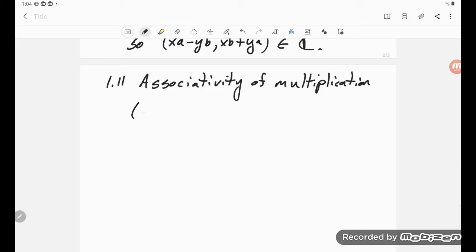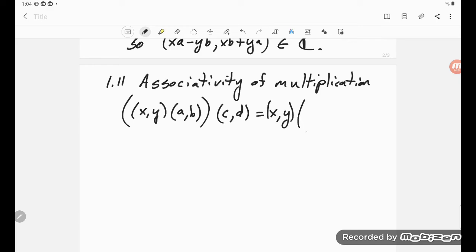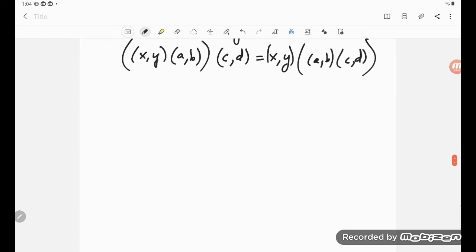So again, that's the idea that if we take (x, y) times (a, b), and we do that first and then multiply by (c, d), we could have just as well first multiplied (a, b) and (c, d), and then taken that result and multiplied it by (x, y).